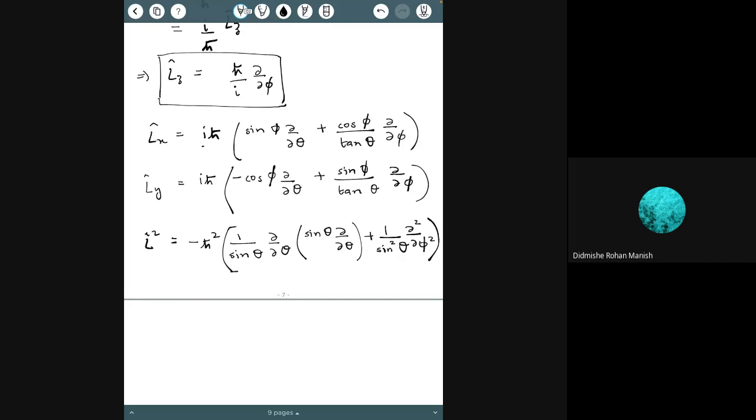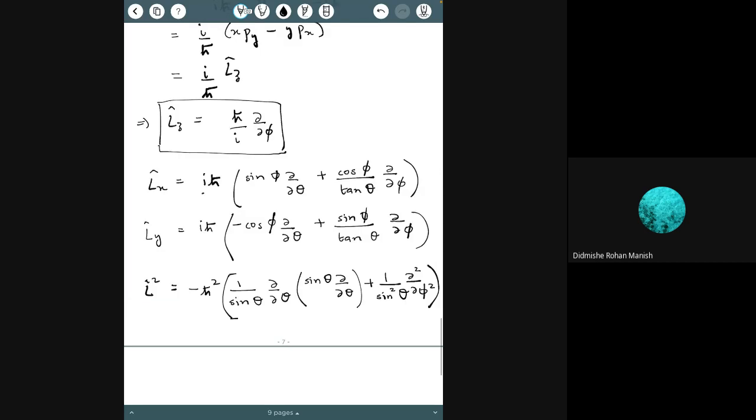Now, the trick that we will use for the hydrogen atom is that since Lx, Ly, and Lz commute with L square, we can find simultaneous eigenstates of one of Lx, Ly, Lz and L square.